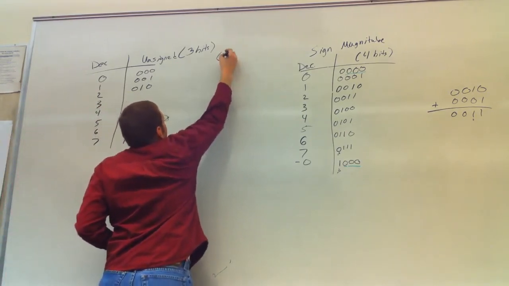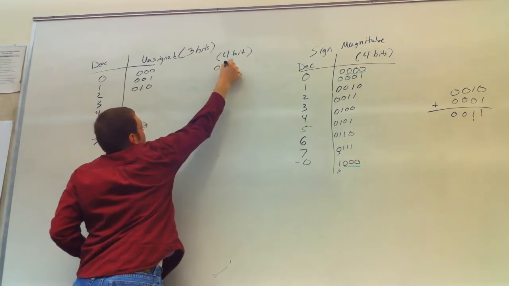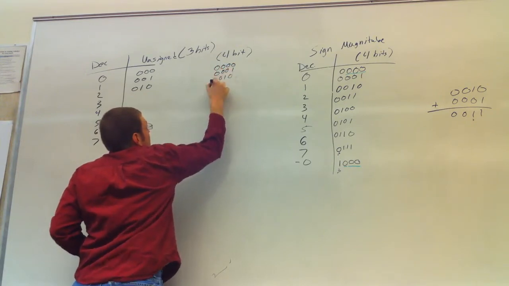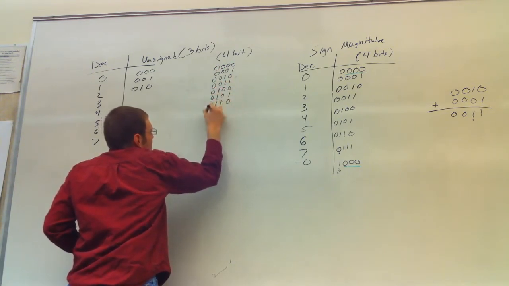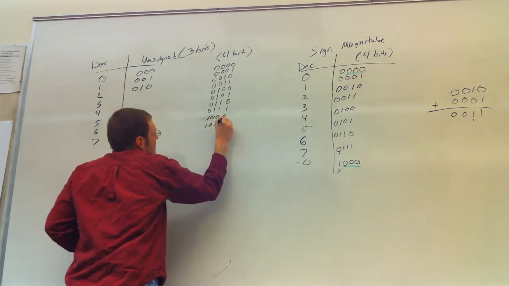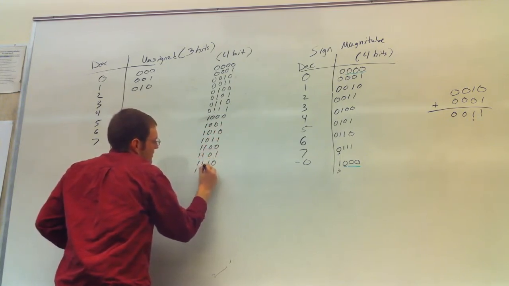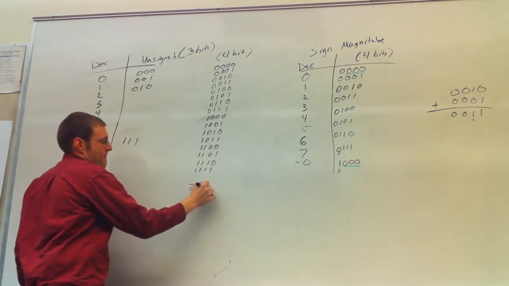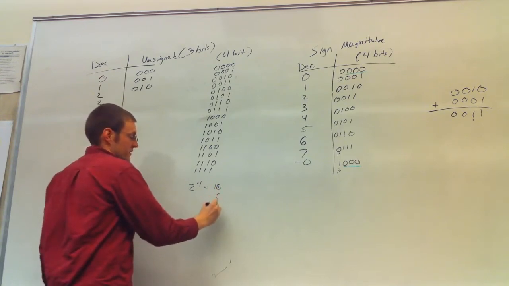If I do the 4 bits, what's the highest number we can represent in binary? 16, we have to account for 0, so it's 15.